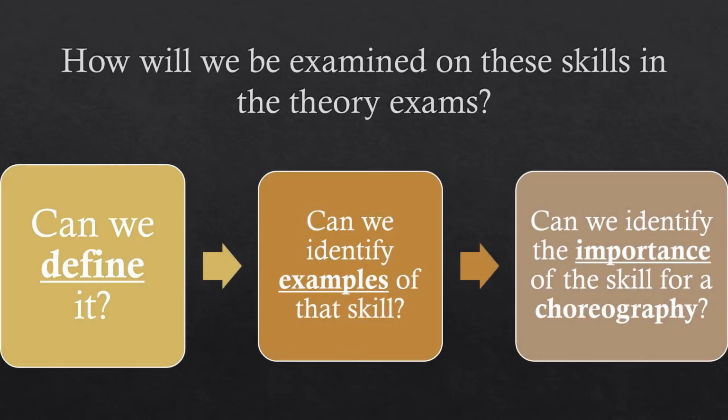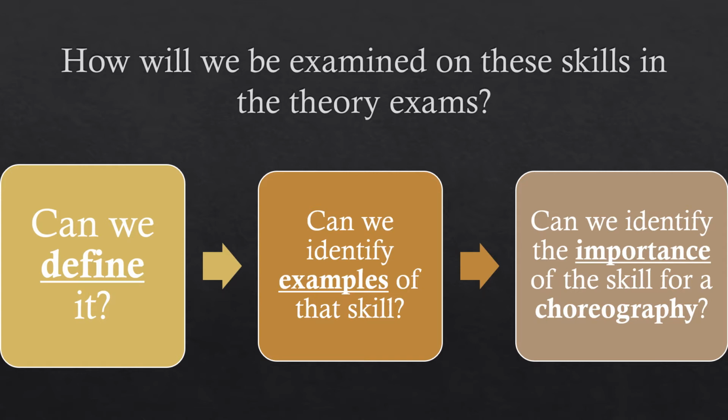So how will we be examined? I've just briefly said that, but you will need to know all of the definitions off by heart because that might be a simple 2-mark answer in section A. Define relationship content. Bam, 2 marks. Can we identify examples of that skill? We've just looked at that in the hypothetical choreography as well.